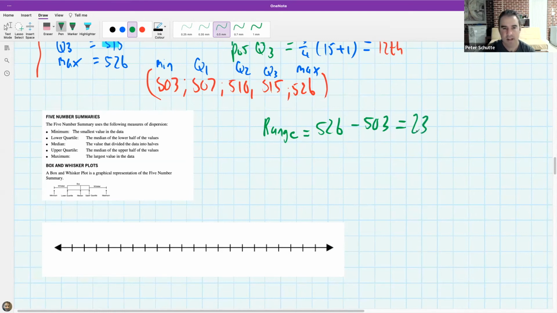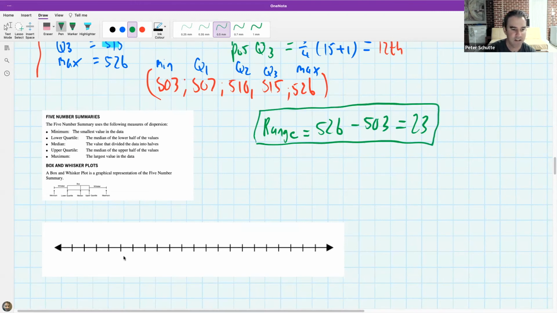And since I basically want my number line to have a range, I find the range just so I know roughly how many items I need on my data set. And so since it's 23, maybe I'd make it 25 or 30.